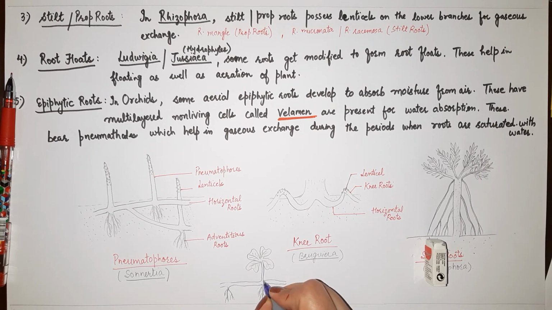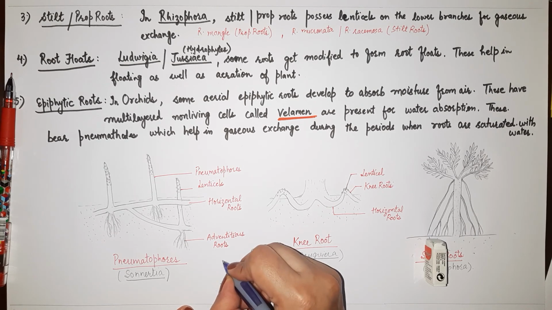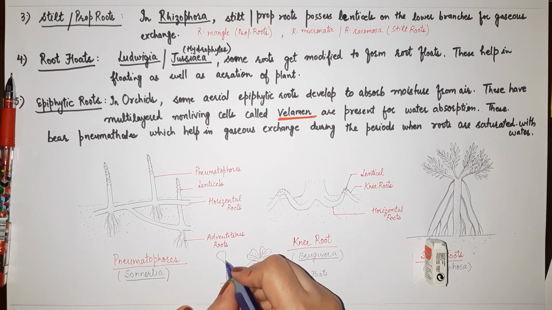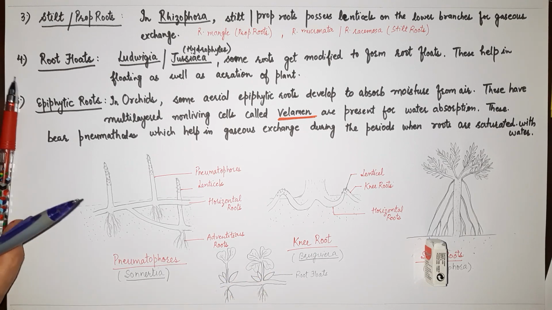So here at the base you will observe few fleshy structures which are called root floats. Okay. Similarly here also you can show 2 or 3 leaves if they are not fully developed. So at the base few lenticular structures called root floats.